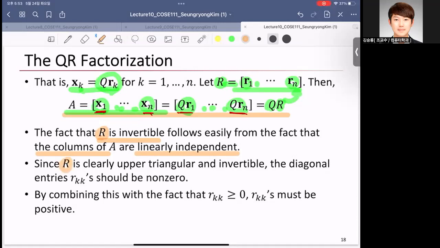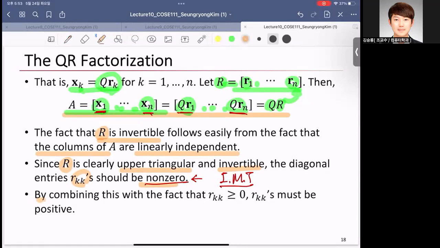Since R is clearly upper triangular and invertible, the diagonal entries r_kk should be non-zero, by the invertible matrix theorem. It has n pivot positions, so r_kk should be non-zero.